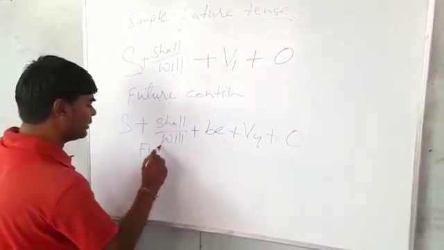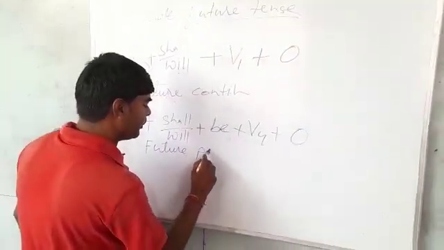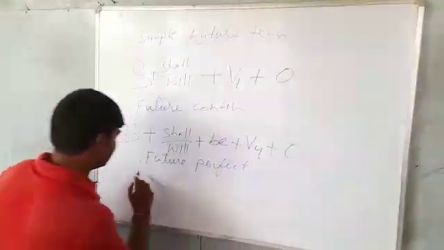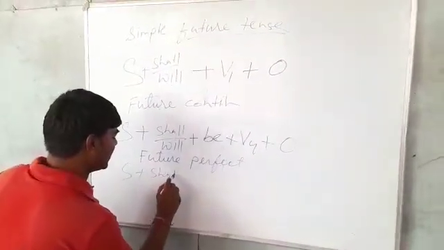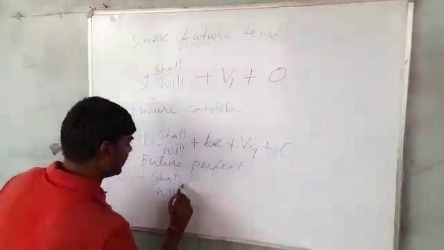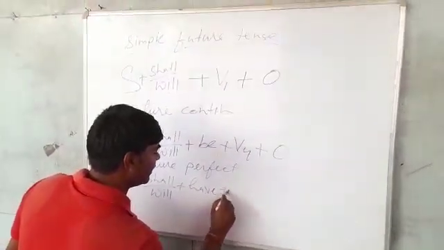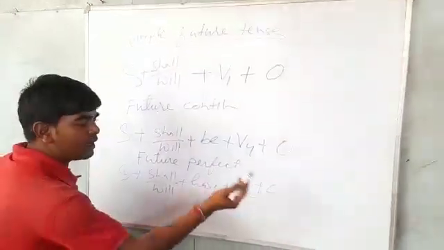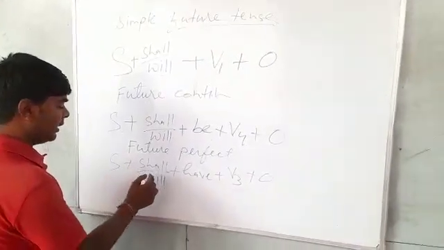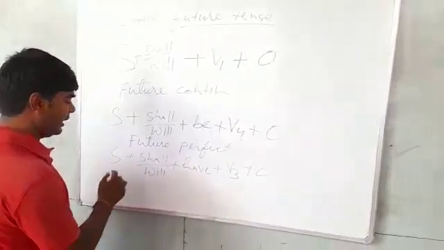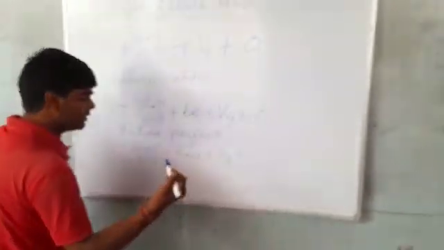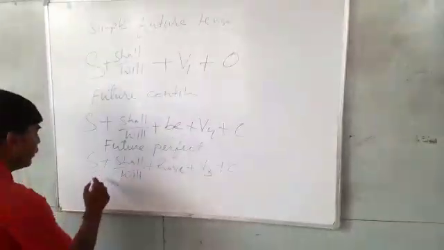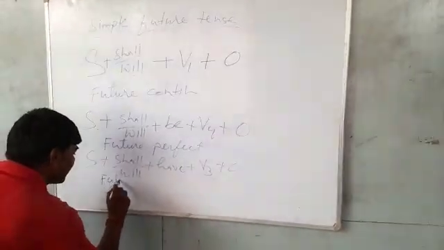Now we will see future perfect. Subject shall will plus have plus V3 plus object. I shall have done my work. He will have done the work. He will have written the letter. These are the examples. Now, future perfect continuous tense.